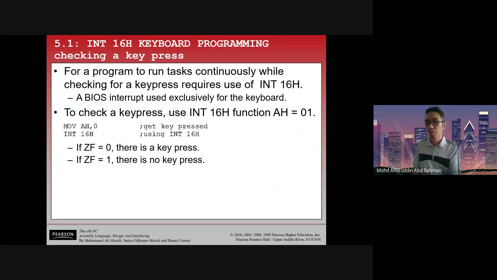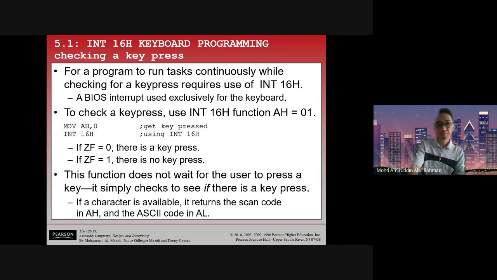Kalau you punya zero flag is 0, maksudnya ada key press lah, so dia activate. Kalau tak ada apa-apa, maksudnya flag tu 1, so dia tak ada key yang di press.